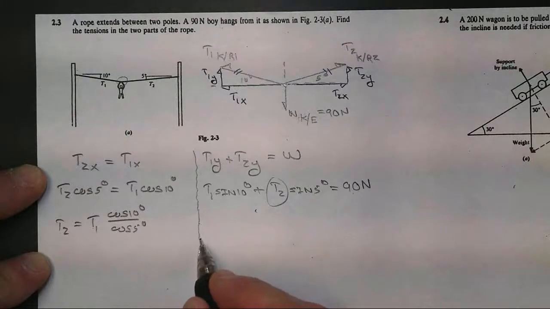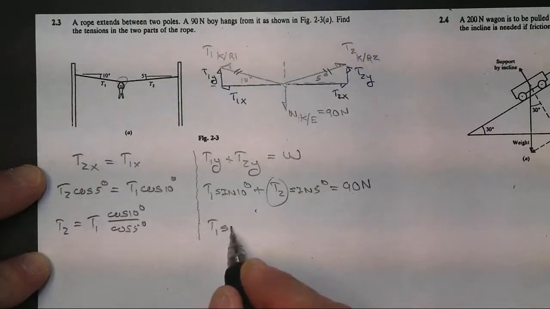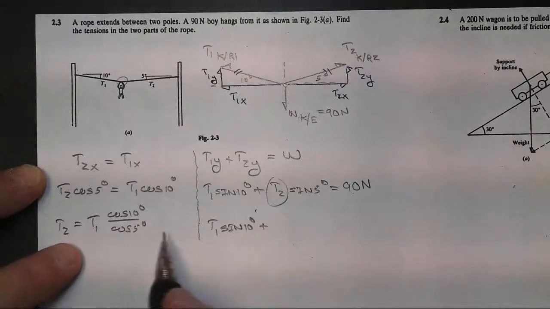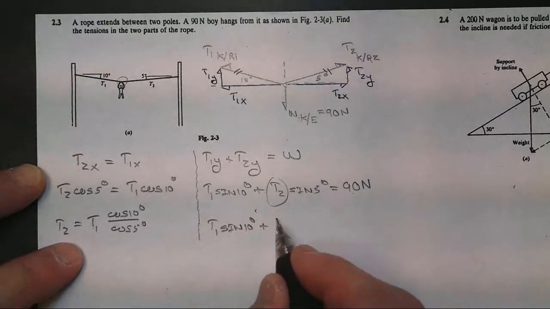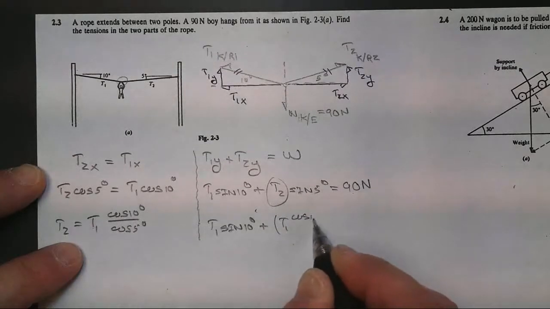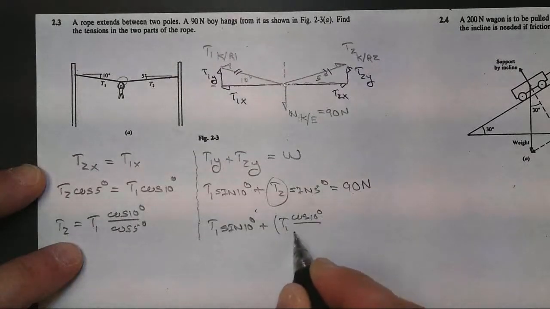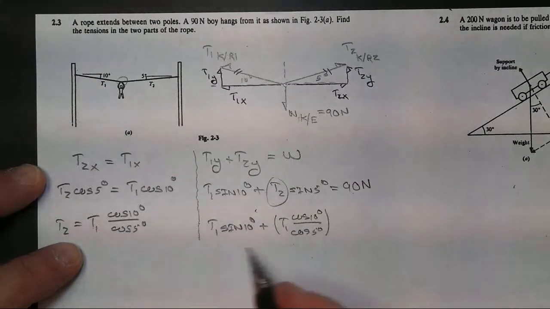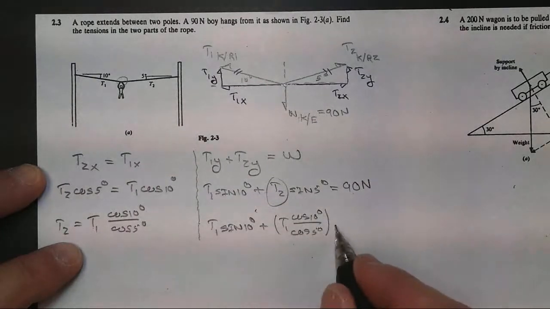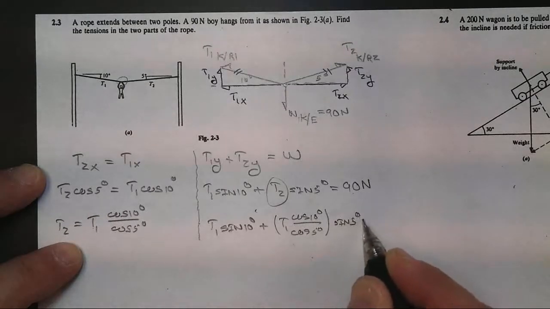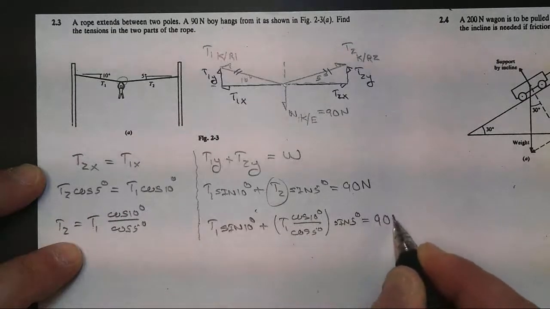So in this equation, we'll have T1 times the sine of 10 degrees plus our substitution for T2, which is going to be T1 cosine 10 degrees over cosine 5 degrees, I'm just putting in parentheses to highlight it, times what's left over from above, times the sine of 5 degrees, and that is set equal to 90 newtons.